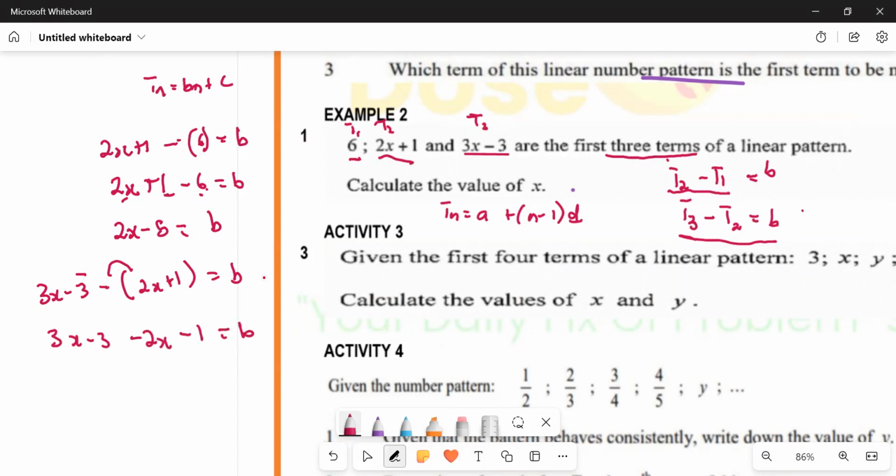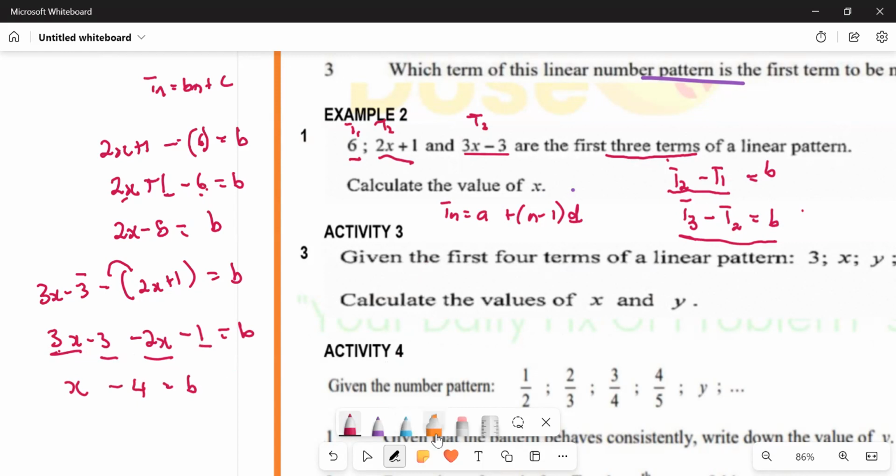Every time I put a subtraction, I put it inside the bracket again, because learners tend to make the mistake of multiplying only one term. Then carry the like terms. What is 3x minus 2x? x. Minus 3 minus 1 gives minus 4. So x minus 4 is equal to B.